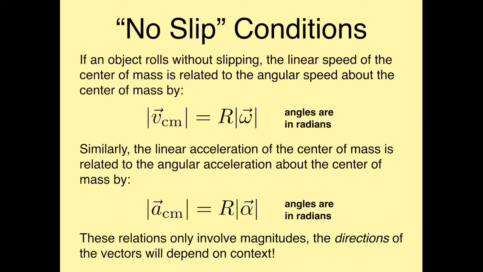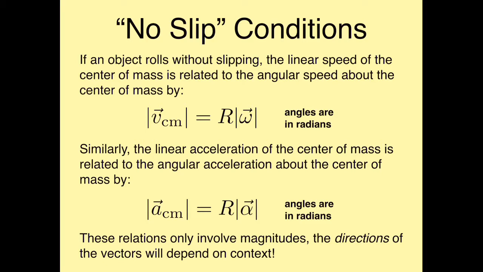Okay, also, the linear acceleration of the center of mass is related to the angular acceleration of the rotation about the center of mass. And that's given by this relationship here. We have ACM, the magnitude, is equal to r times alpha, where we're taking the magnitude of that. And the angles are given in radians. So I just want to make one thing clear about this.